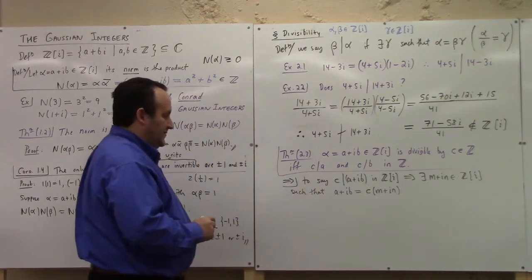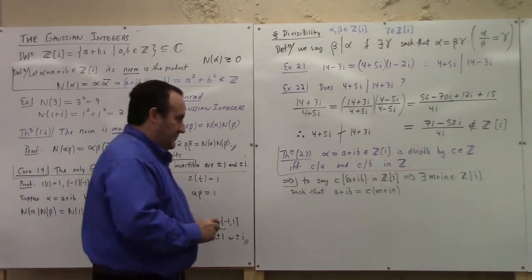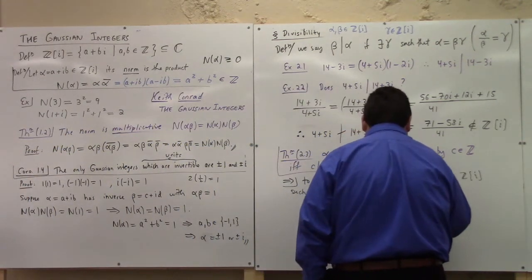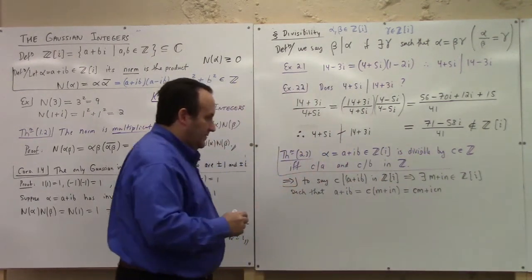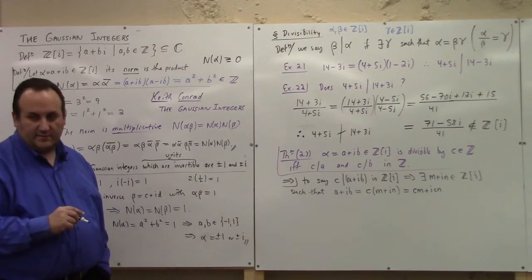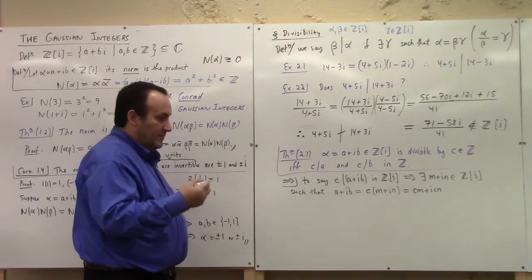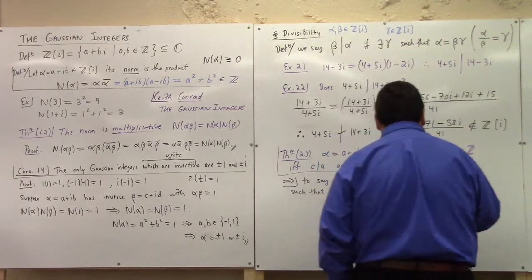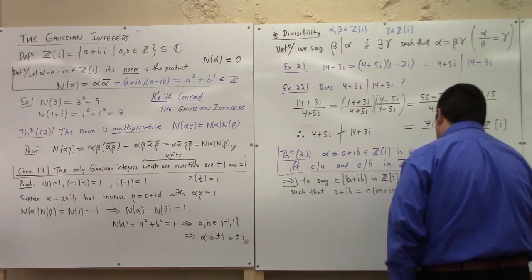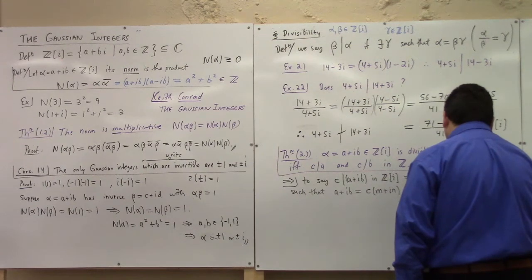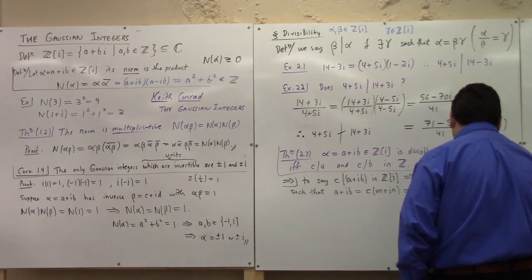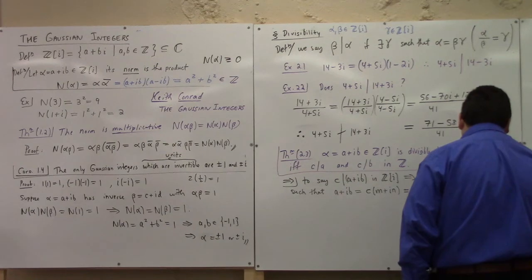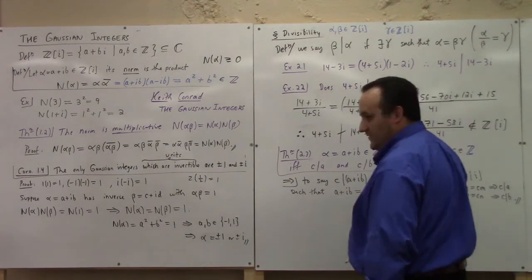A plus ib has to be a multiple of c. But that is equal to cm plus icn. And remember, two complex numbers are equal only if their real and imaginary parts are equal, right? So this complex equation gives me two real equations. In particular, it gives me a is equal to cm, and it gives me b is equal to cn, which of course implies c divides a and implies c divides b. Okay, so that's the first half.